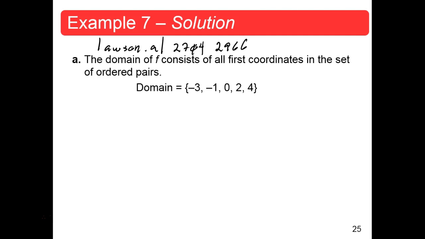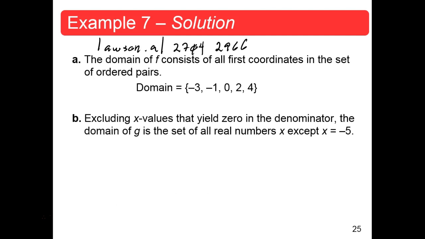Okay, so there's the first one. The B one. Excluding the x values that yield 0 in the denominator, the domain of G is the set of all real numbers x except x equal -5. So you see, this is how they say it. That whole set of words there, domain of G is bored, okay? They write it all out with words.